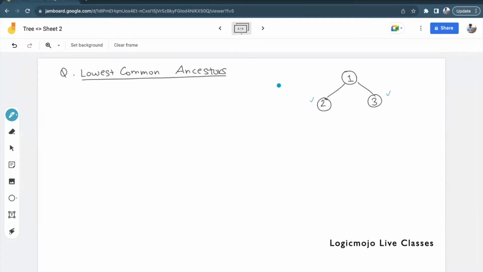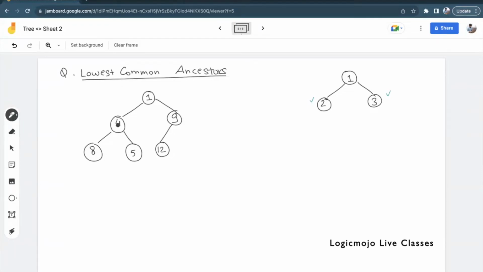So now see, consider this tree is given to you, and someone asked you to find the lowest common ancestor of 4 and 5.